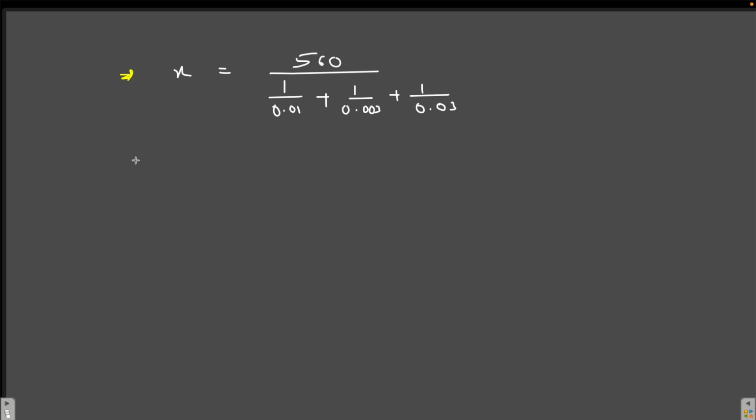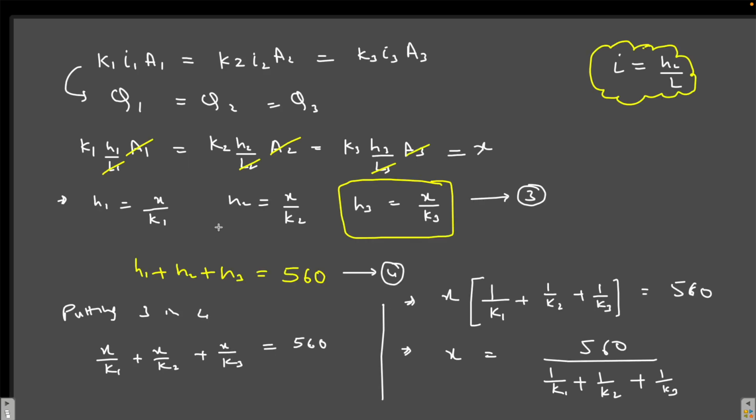Now let's put these values in. Let me solve this quickly for you, and it will come out to be X equal to 1.2. If you solve this, you will get the value of X. X will come out to be 1.2.